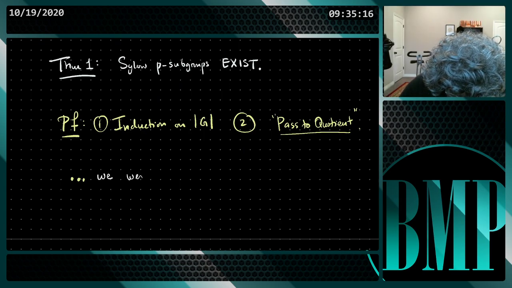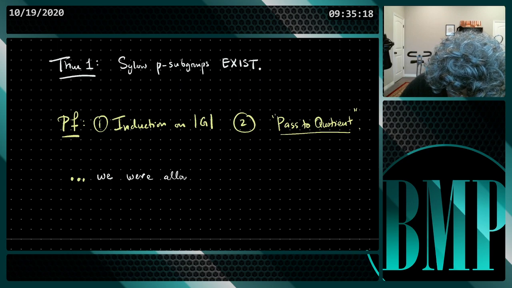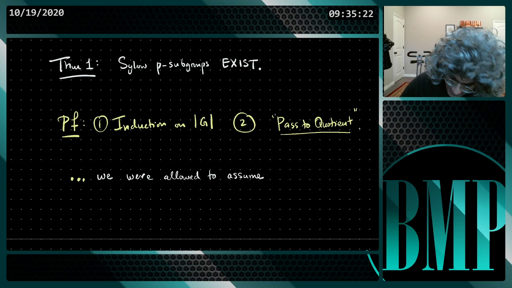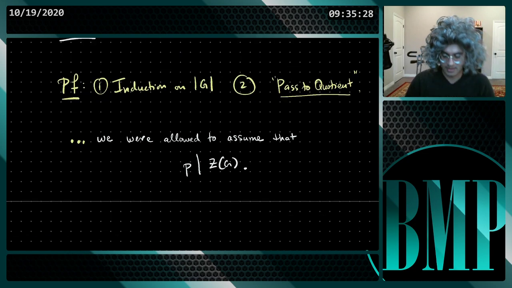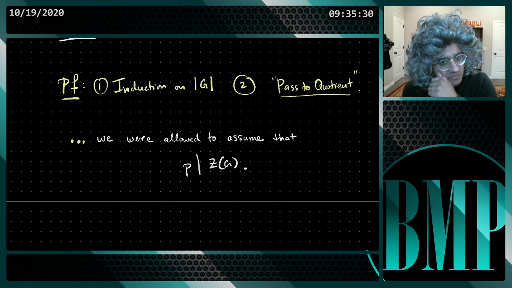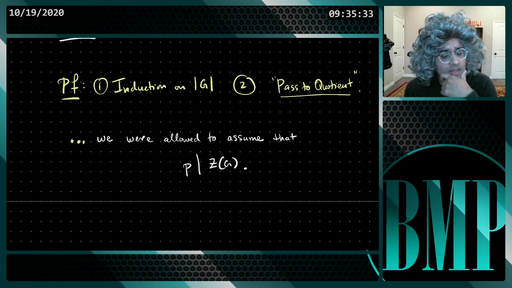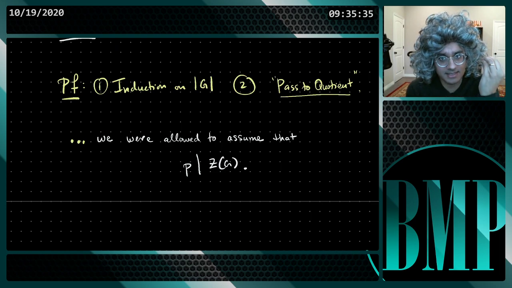We were allowed to assume that p divided the center of the group G. Right? We're not saying that this is true about an arbitrary group.